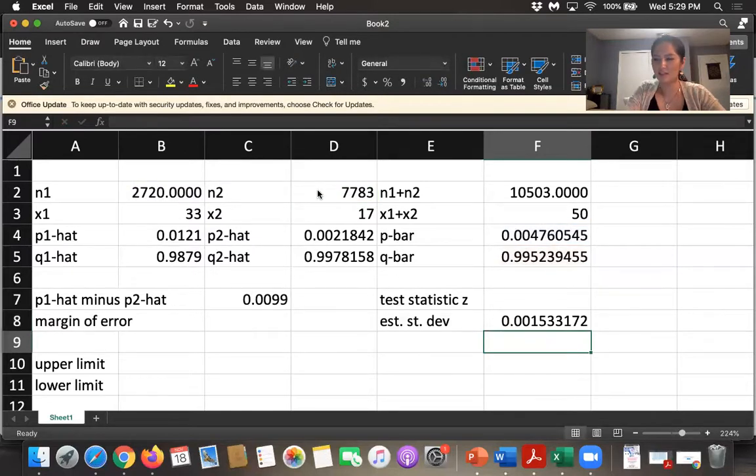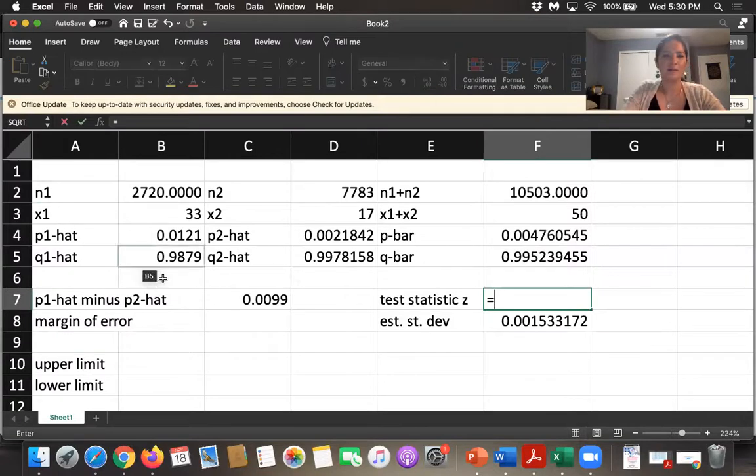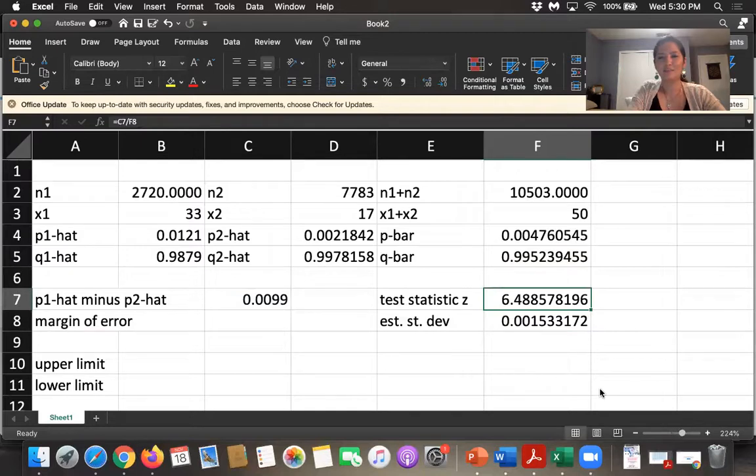That's our standard deviation. So our test statistic Z is equal to P1 hat minus P2 hat minus 0. That's the value of P1 minus P2 assumed in our null hypothesis, divided by the estimate for the standard deviation. So we get a test statistic of about 6.49 if I round to 2 decimal places, and we usually do when it comes to test statistics.